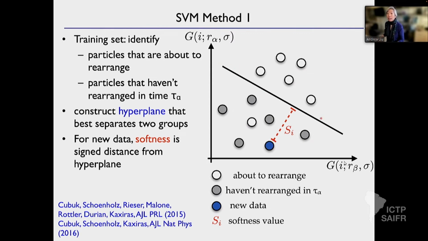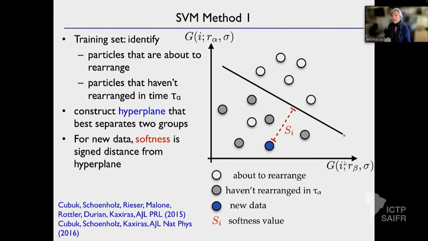In the end, the softness, the signed distance of a particle from the hyperplane, is a weighted sum of G of R, or a weighted integral. What we're doing by defining the hyperplane is finding the weights, by minimizing a cost function.